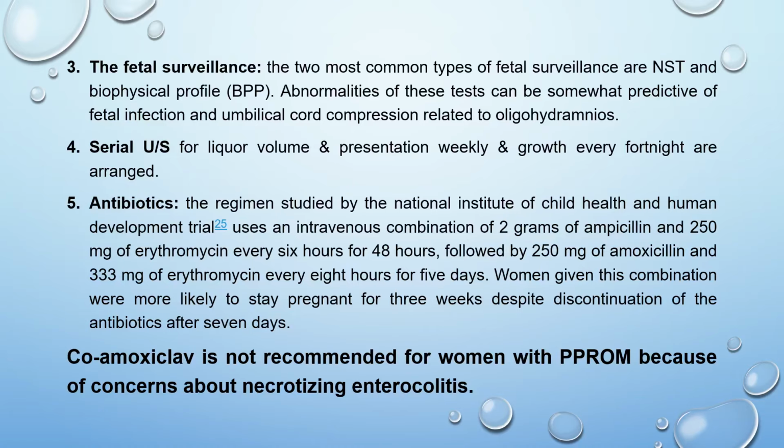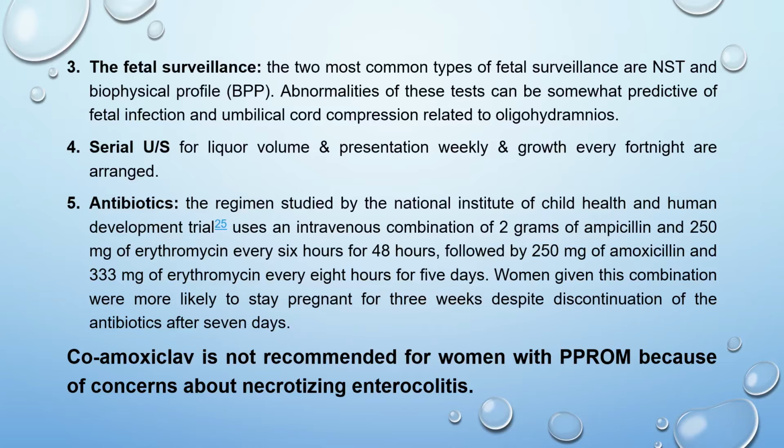Any abnormalities of these tests can be somewhat predictive of fetal infection and umbilical cord compression related to oligohydramnios. Serial ultrasound for liquor volume for presentation weekly and growth every fortnight are arranged.